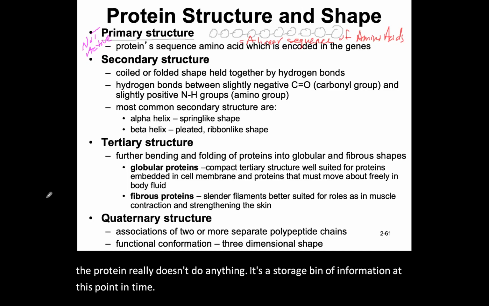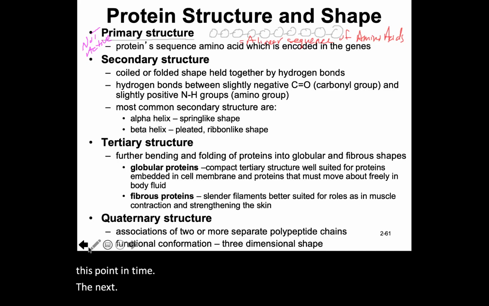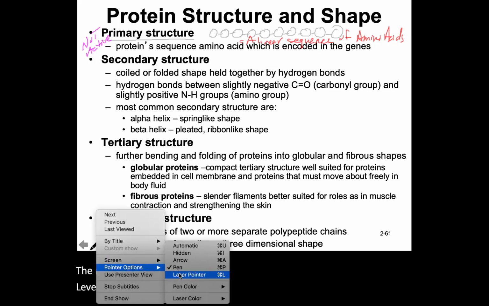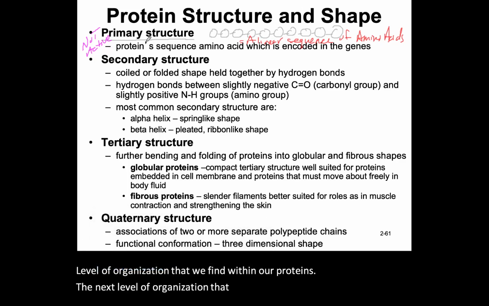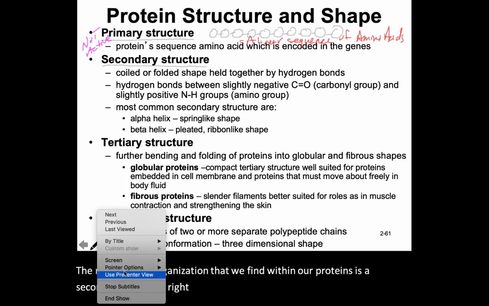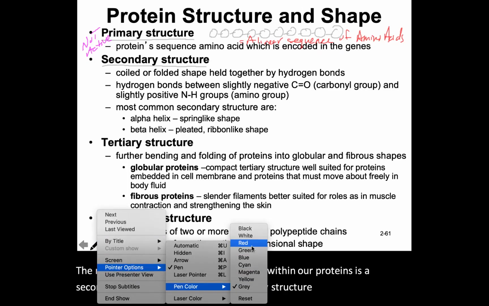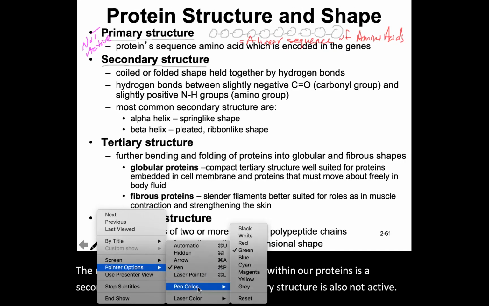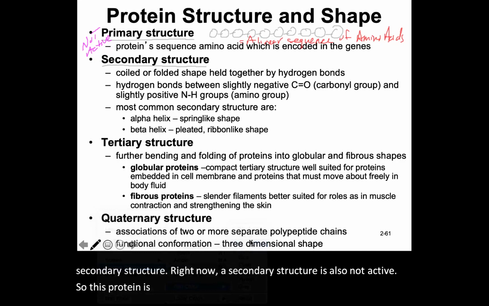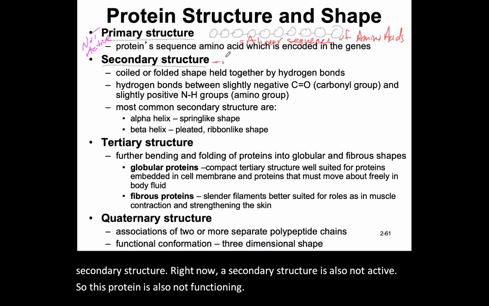The next level of organization that we find within our proteins, is a secondary structure. Now, a secondary structure is also not active. So this protein is also not functioning. Also not active.